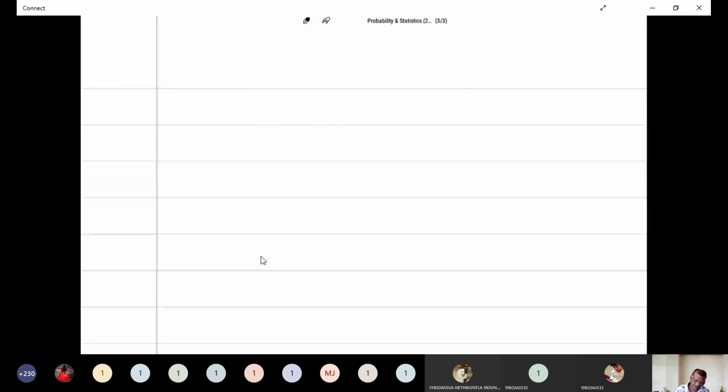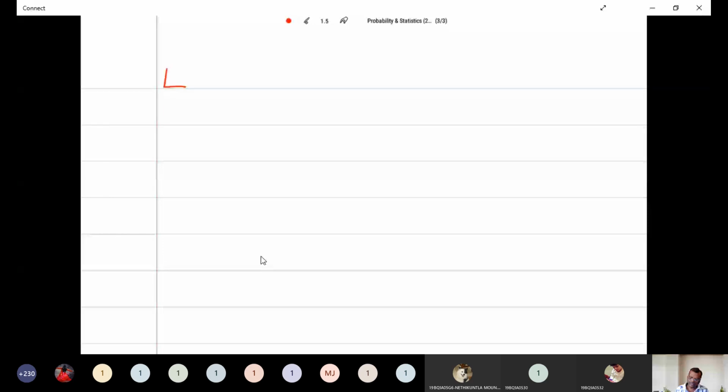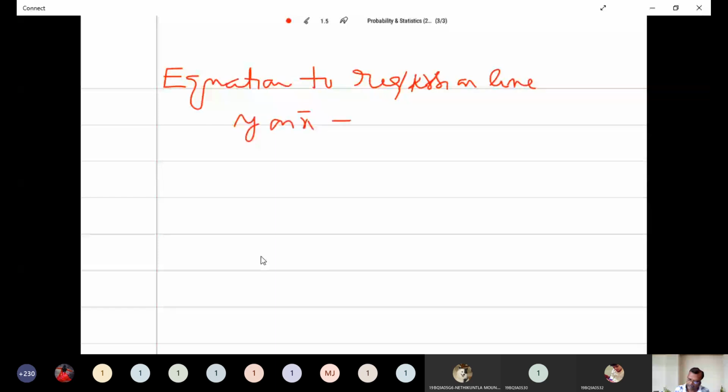Equation to regression line y on x. What is the formula? y minus y bar is equal to r into sigma y by sigma x into x minus x bar.